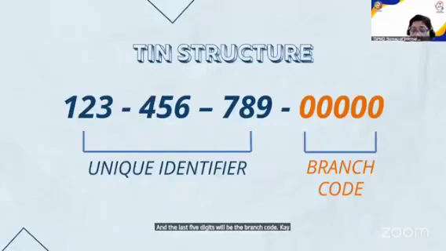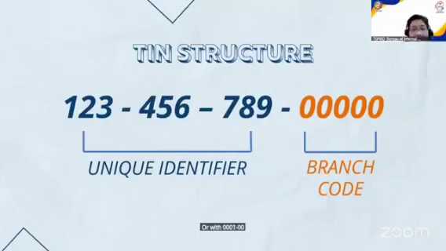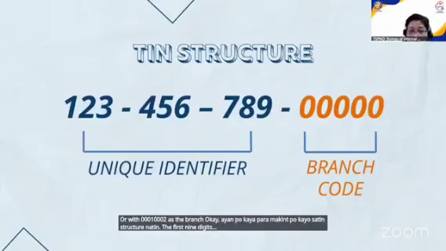So this will be indicated in your sales invoice or anything that you present to the BIR, whether you are a head office, which is 5 zeros, or with 0001, 0002 as the branch code. Okay? So to acquaint you with our TIN structure, the first 9 digits is the unique identifier and the last 5 digits is the branch code.